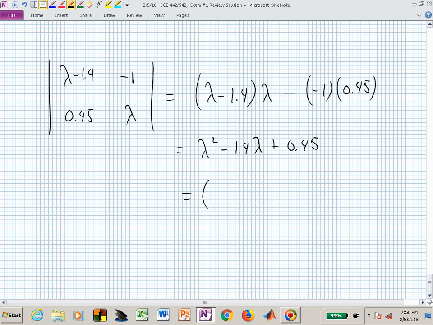And can you factor that? What are some factors of 45? 5. Oh, 5 and 9. But now we have a 0.45. So if we have 0.5 and 0.9, and 0.9 plus 0.5 is 1.4.